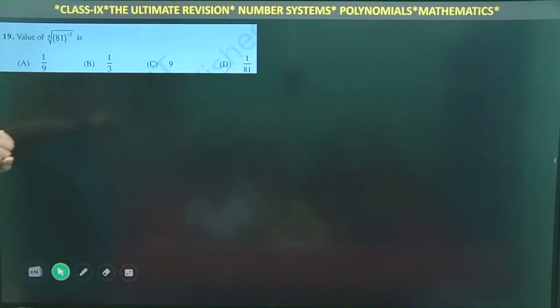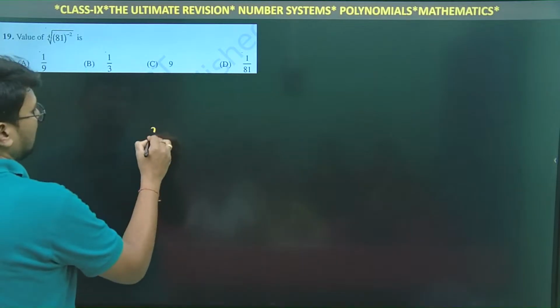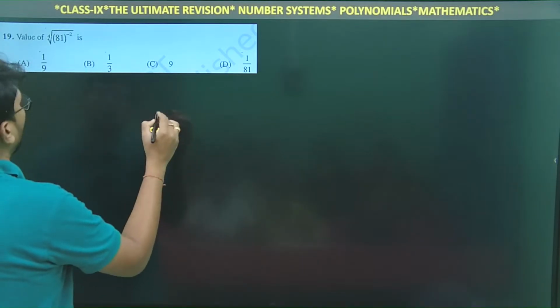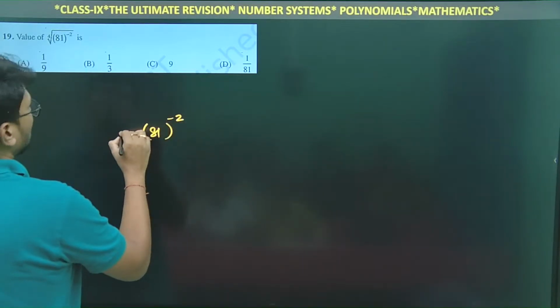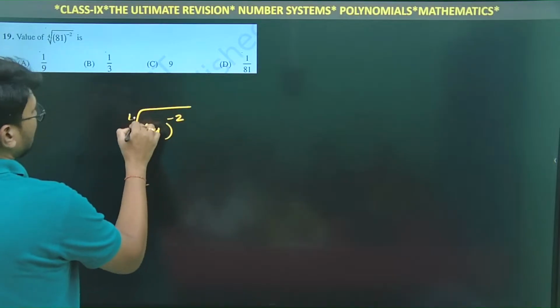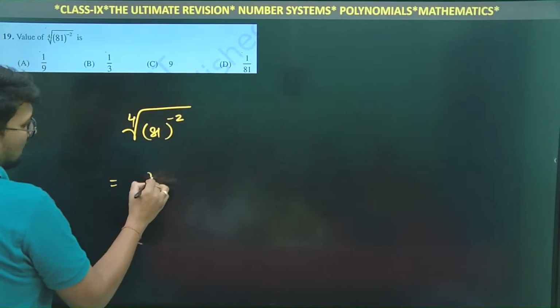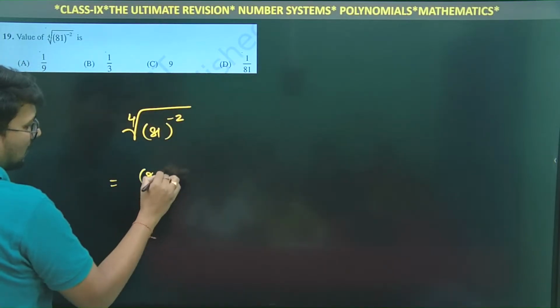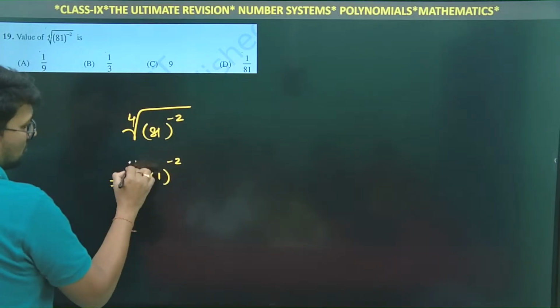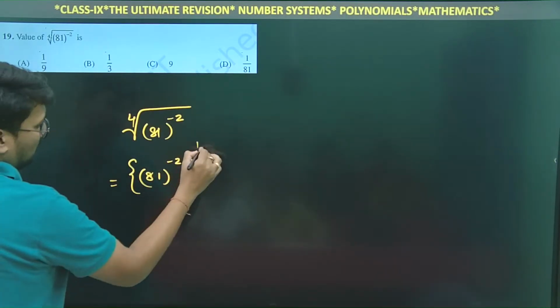देखो, 1 by 9. So what is that? 81 to the power minus 2, square root या fourth root is this. So how can you write 81 to the power minus 2 whole to the power 1 by 4?